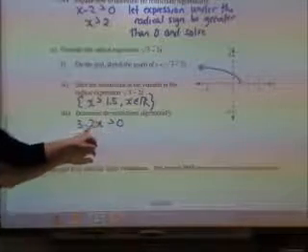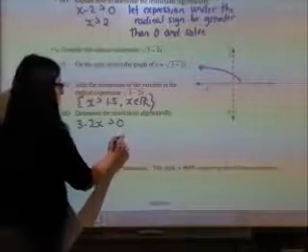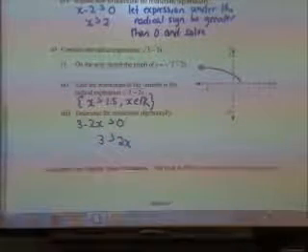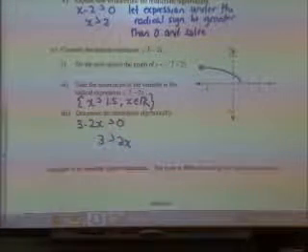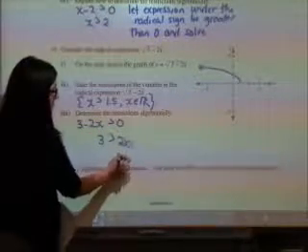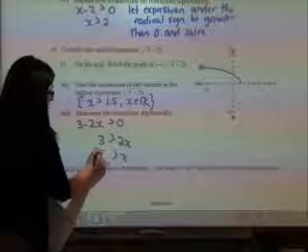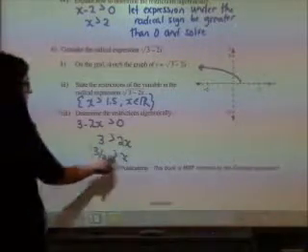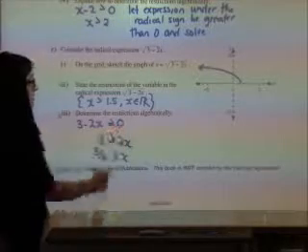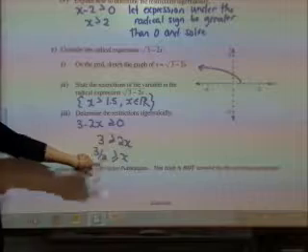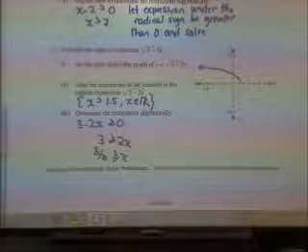With this negative 2x, I'm going to choose to move it to the other side of the inequality. That will make it positive, and then I can divide by 2. And there's x has to be less than or equal to 3/2.